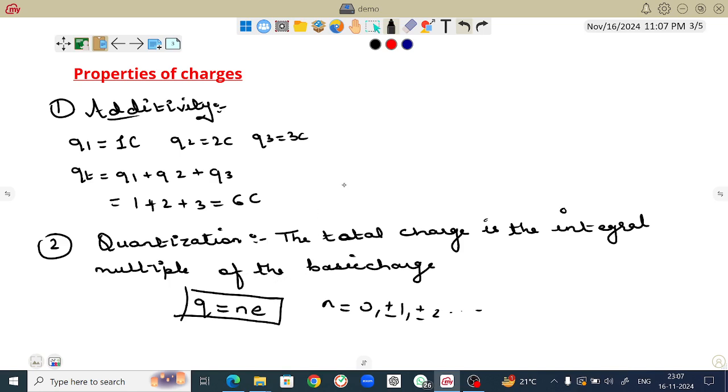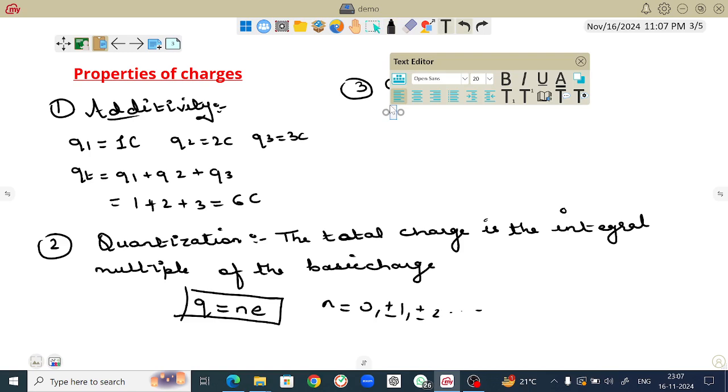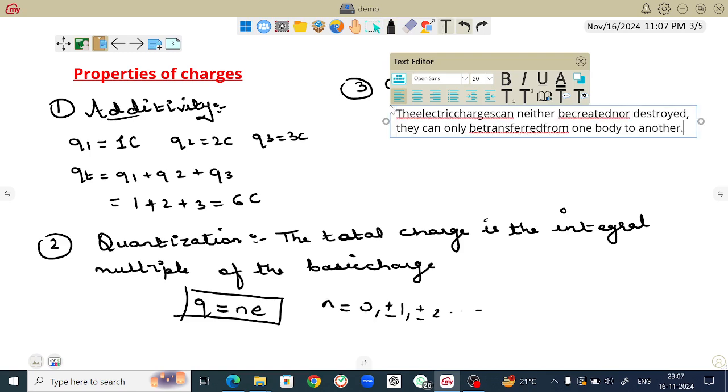The third property of charges is conservation, which states that charges can neither be created nor destroyed, but can be transferred from one body to another.